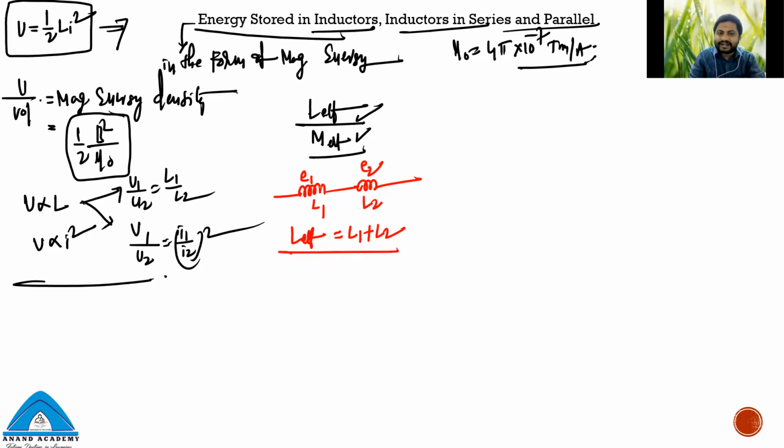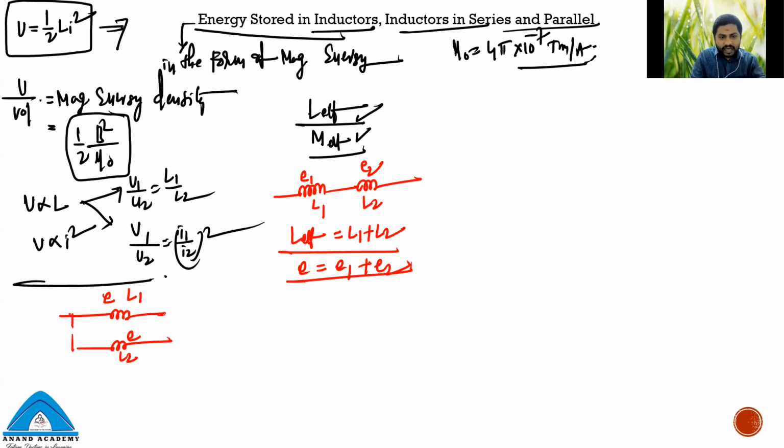As it is a series combination, the net EMF is the EMF across the first inductor plus the EMF across the second inductor. The same way, when two inductors L1, L2 are connected in parallel, the induced EMF is constant.